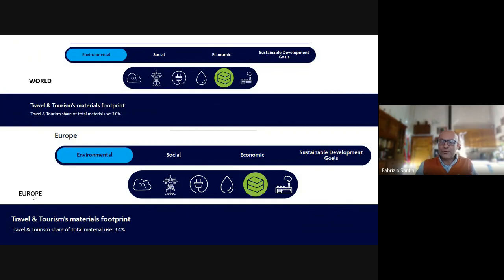So we have to move from a linear dissipative approach, where I take things from nature, or minerals, petrol, coal, I use it and then I throw it away, to a circular approach, as much as possible, in which I take things from nature, I transform them, and when they become waste, they are not really waste, but new material that can re-enter the chain and be productive again.